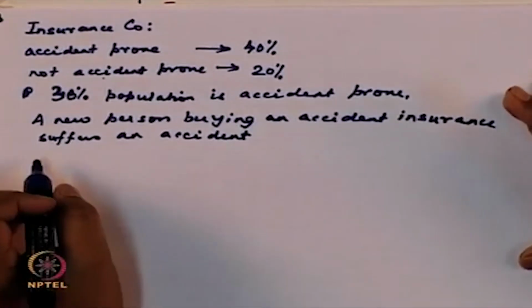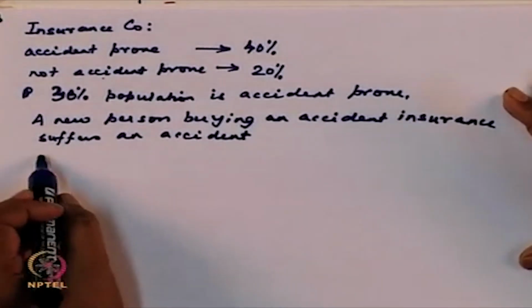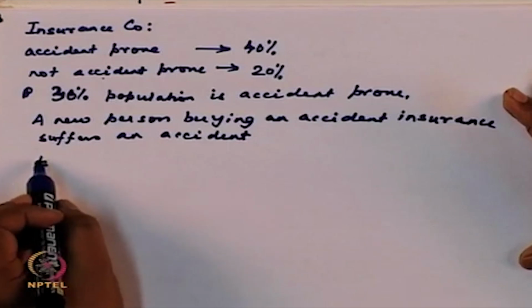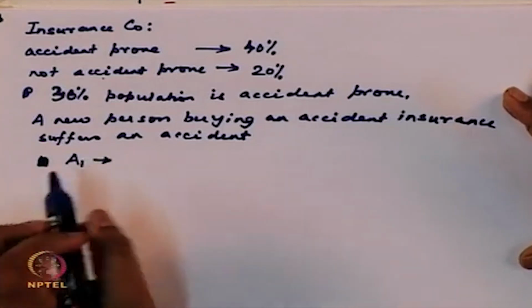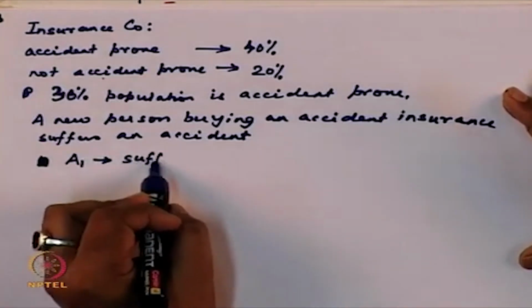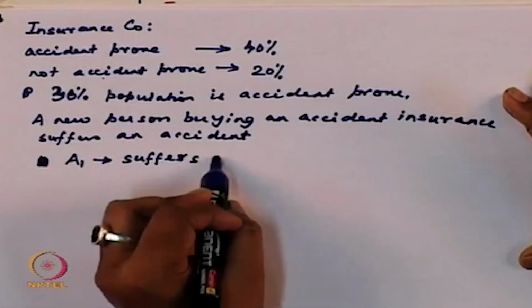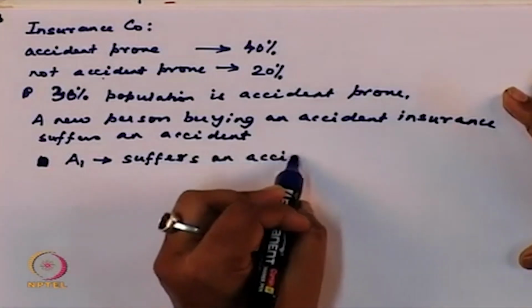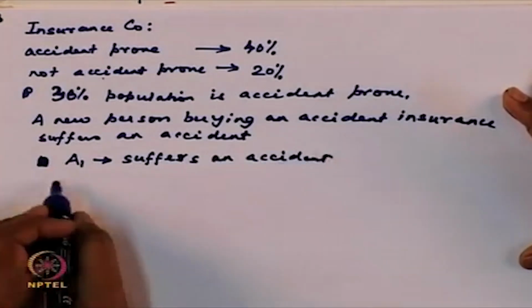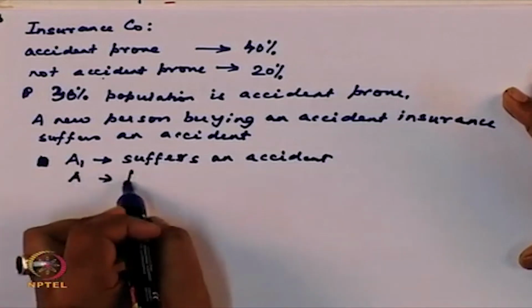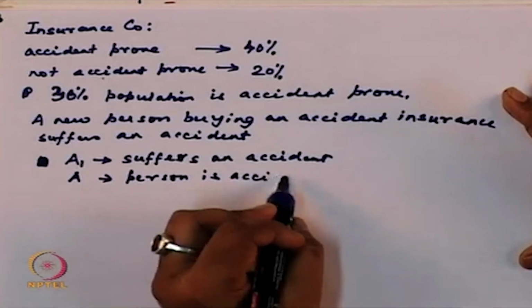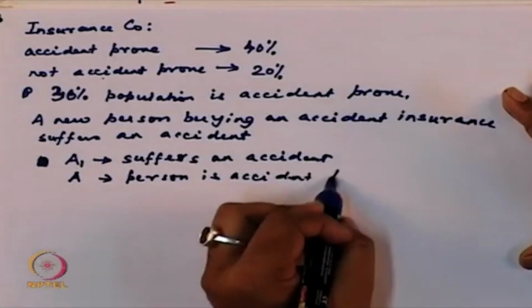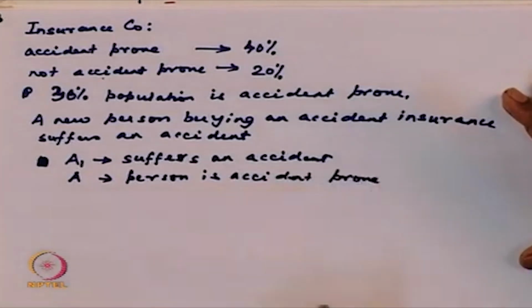So, we have to define an event. Let us say we define an event A1 as the person suffers an accident, and A as the person is accident prone.